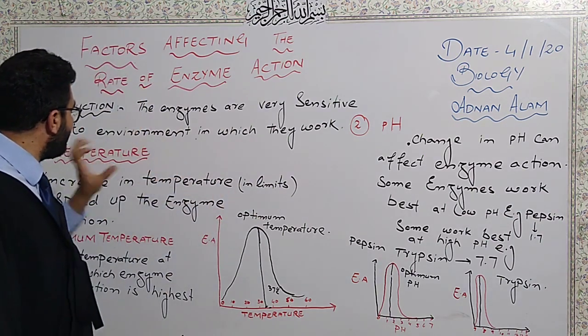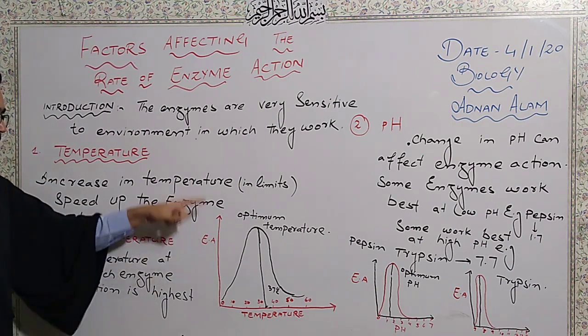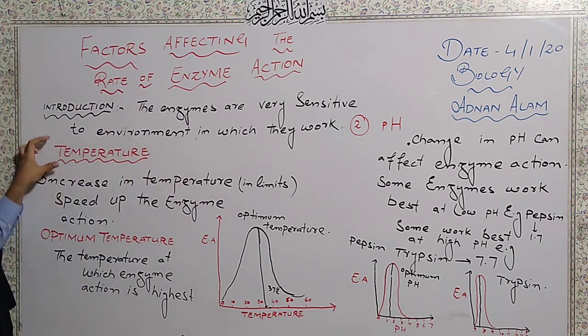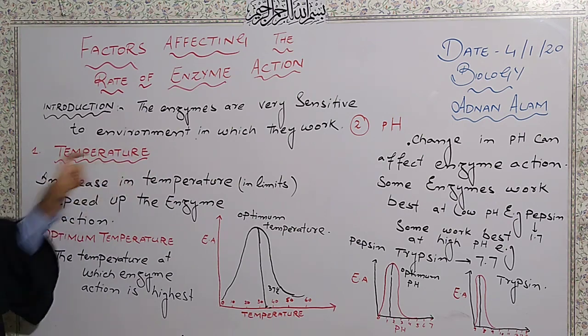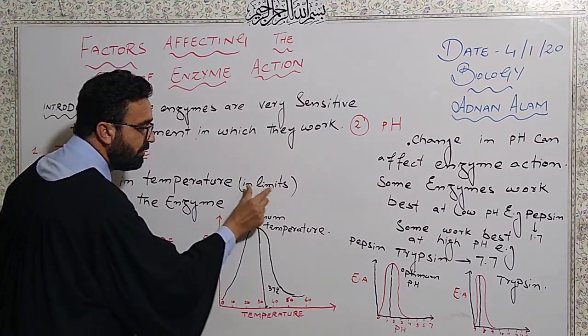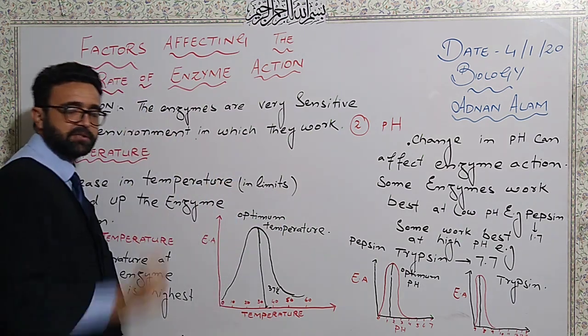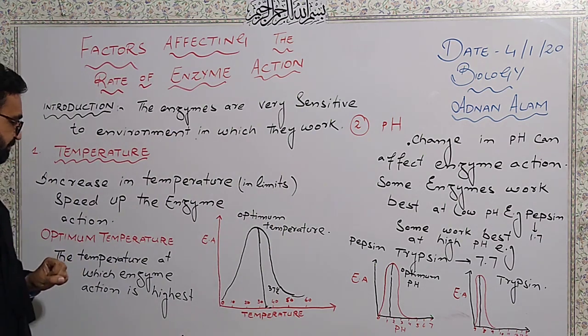First of all, let's study the effect of temperature on enzymatic activity. Increase in temperature speeds up enzyme action. I have written a very small phrase here: in limits. What does it mean by limits?